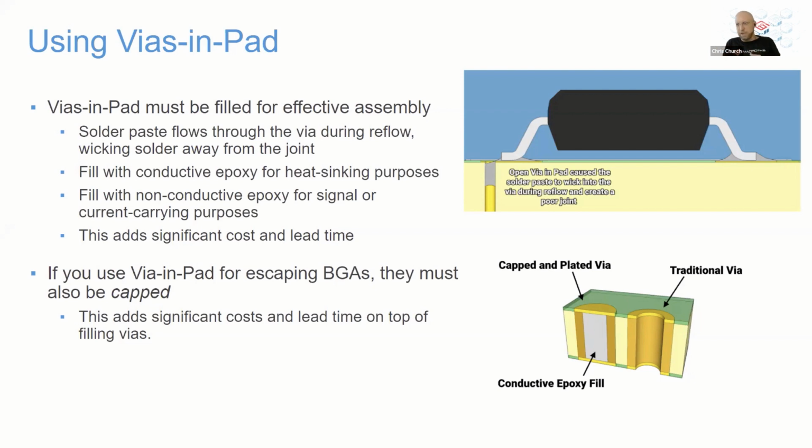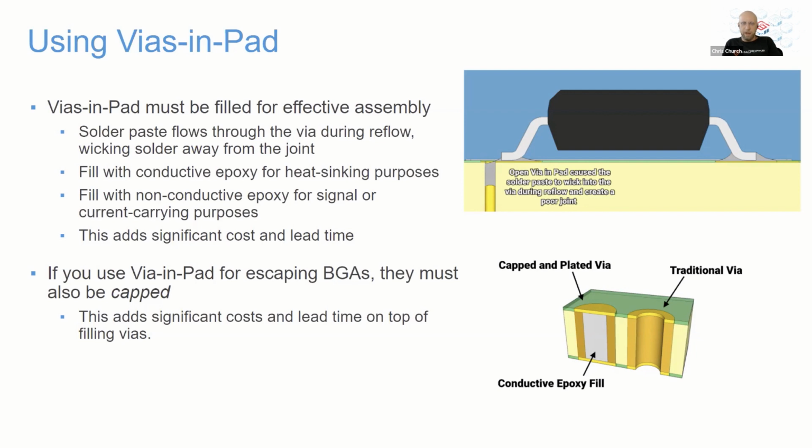This can cause performance issues if it doesn't make a good connection. It would not pass what we call IPC Class 2 specs because the fillet is not fully established there. So when we do a via in pad, we really need to fill it at a minimum.